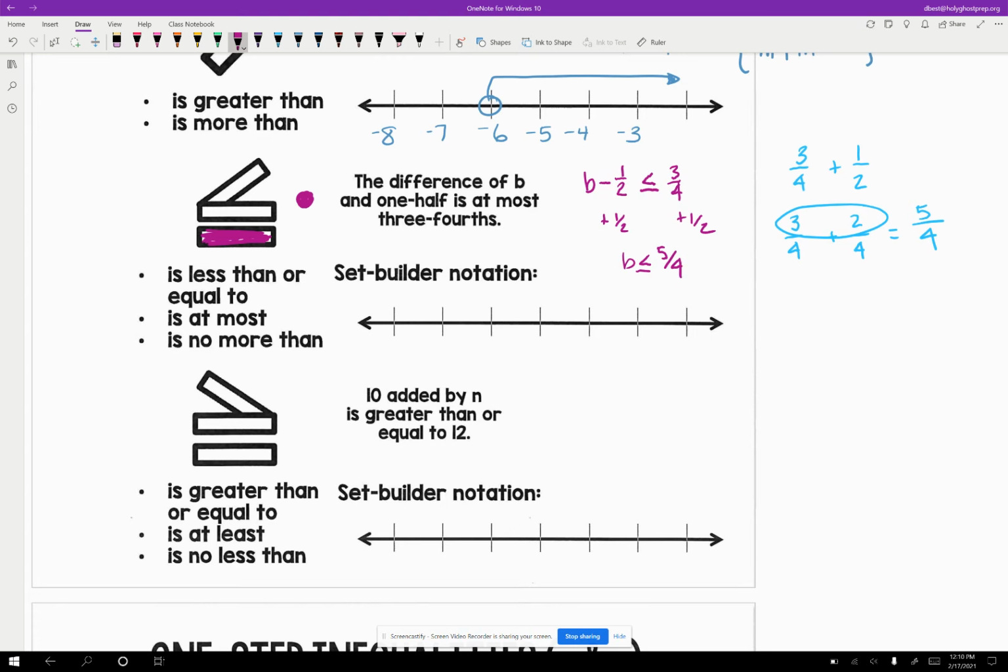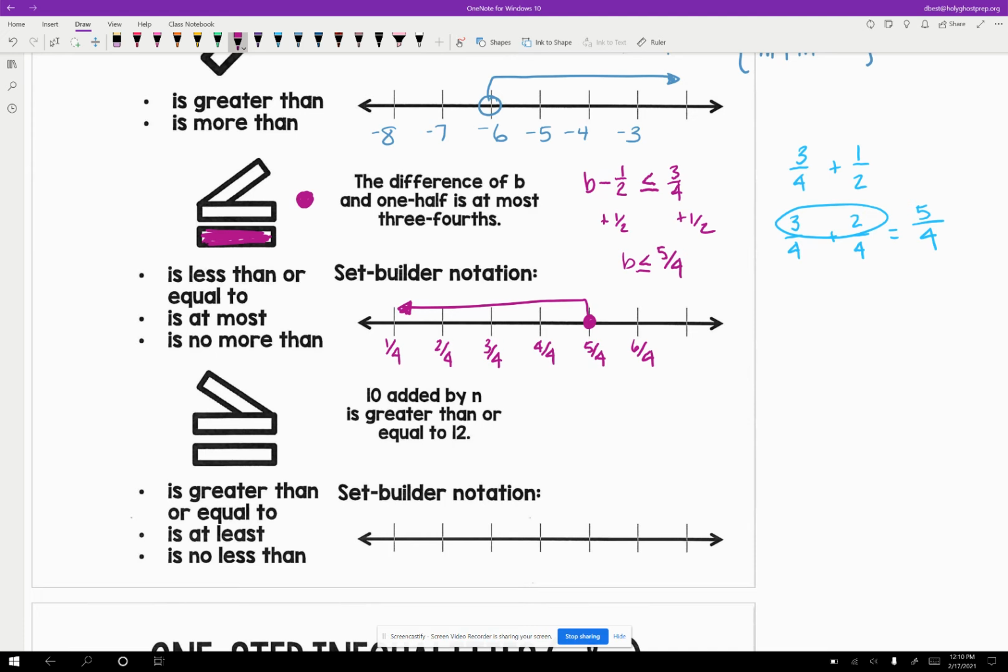And when it comes to graphing on your number line here, count by fourths if you want to: 1/4, 2/4, 3/4, 4/4. There's no rule that you always have to count by whole numbers, okay? So then we're going to have a solid circle at 5/4, and I need all the numbers that are going to be less than that. Less than is to the left.